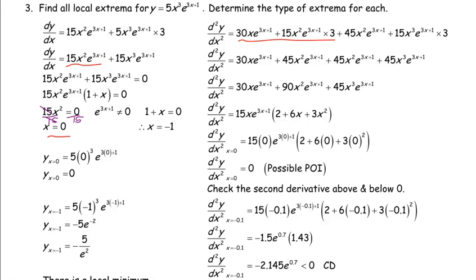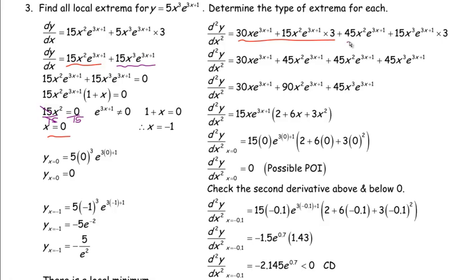So now we need to differentiate the second product here, this guy right here. So 15x cubed's derivative would be 45x squared, power rule again, times the e to the 3x plus 1 function, and then plus, the first function now, the 15x cubed, times the derivative of e to the 3x plus 1 again, which would be e to the 3x plus 1 times 3.